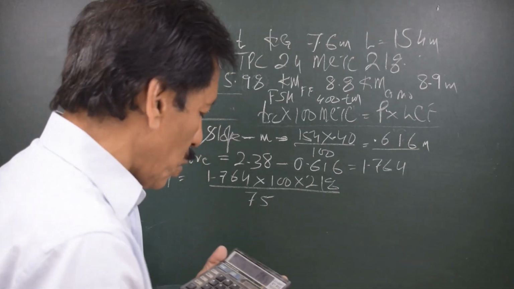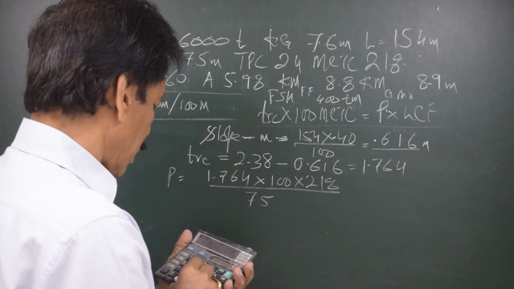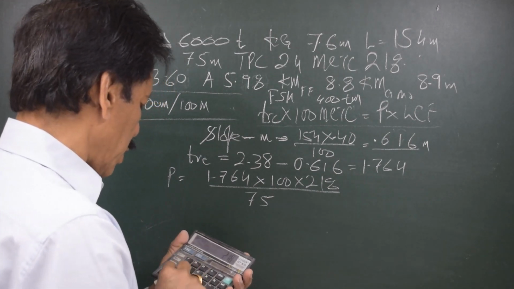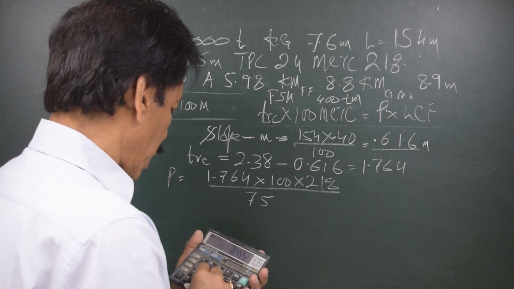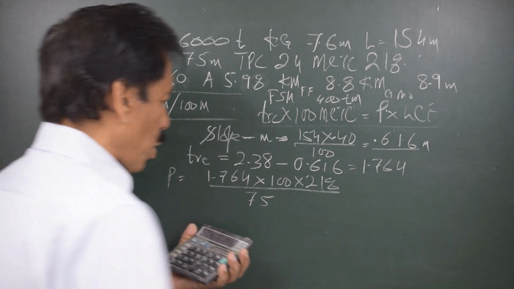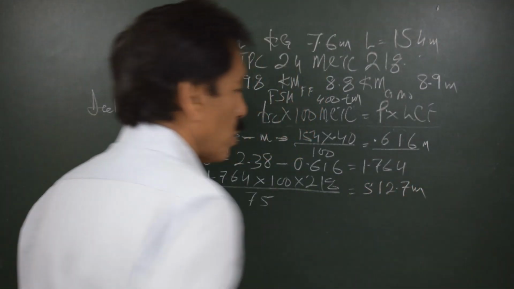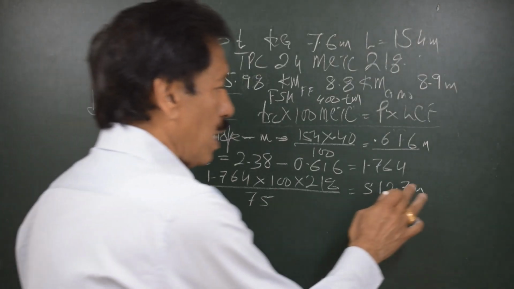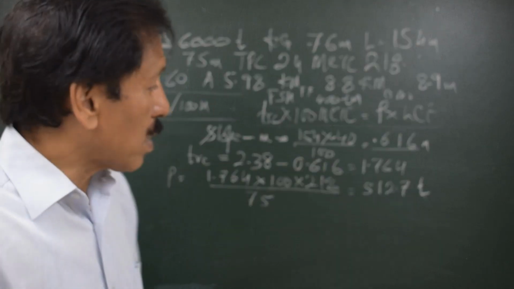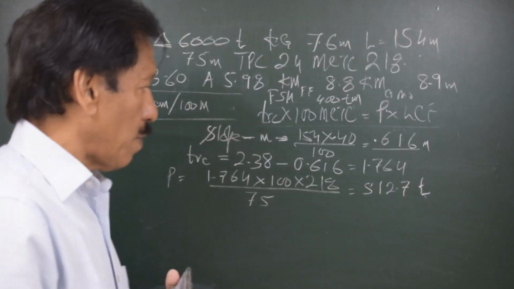This gives me 512.7 tons. So this is the upthrust at critical moment. This is called P critical, 512.7.